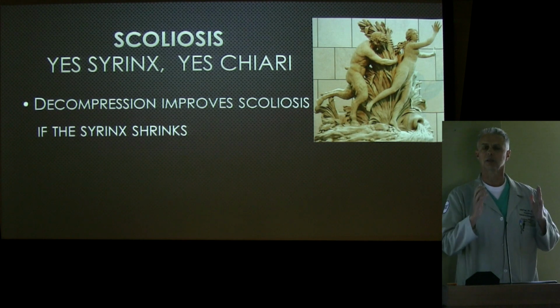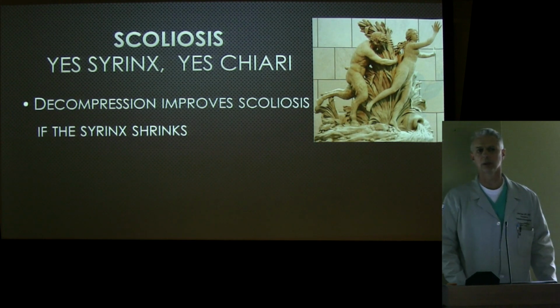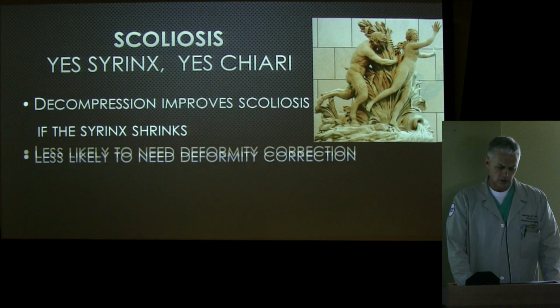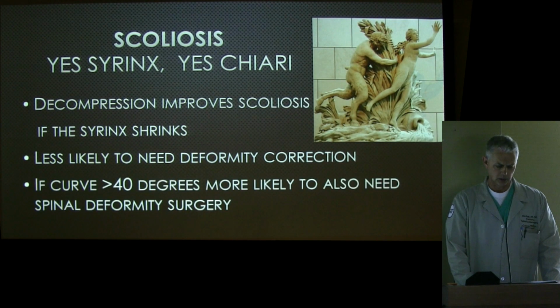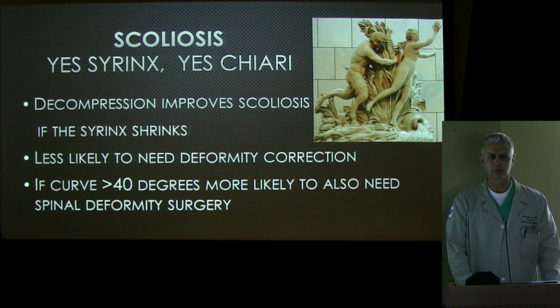You have to get some reduction in the Syrinx if your goal is to get a reduction in the scoliosis. And you're less likely to need major orthopedic surgery in this situation. If your curve is really bad, then this is still a big problem, and you're more likely to still need the scoliosis surgery.